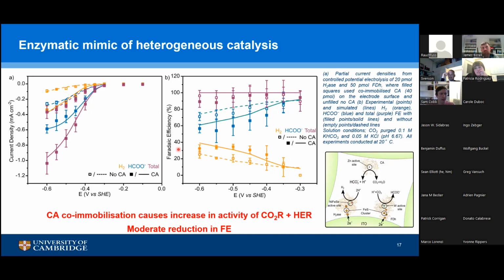And what this shows is we see our hydrogen increase. Okay, that makes sense. We've got a lower local pH. Our hydrogen is going to increase, but also our CO2 reduction increases. This is unlike heterogeneous systems. And this leads to a very small decrease in the Faradaic efficiency for formate.